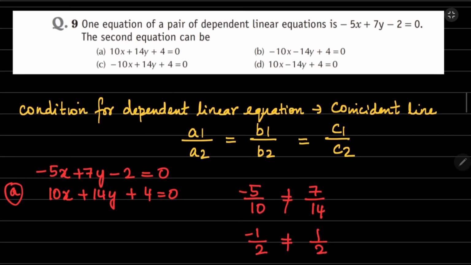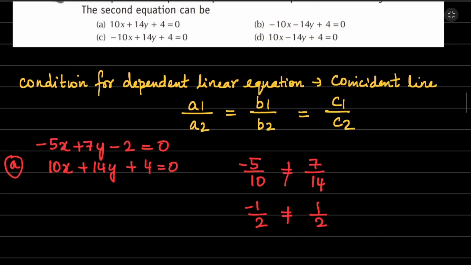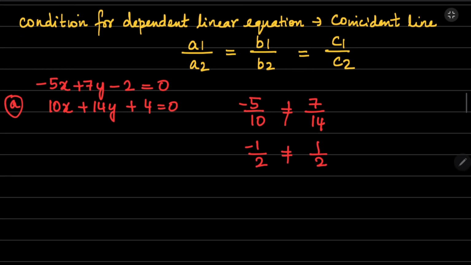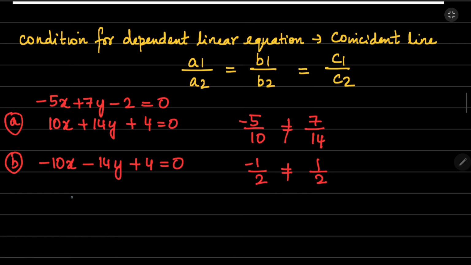Okay, let's move on to the second option. Again, the first one, that is the given equation, with the second equation. So with option B, what is your option B? Minus 10x minus 14y plus 4 equal to 0. Here, just take the ratios. Minus 5 by minus 10, and this is the given equation, the first equation.